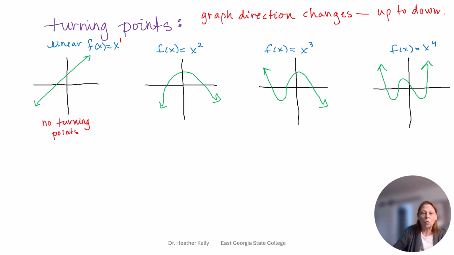So here for the quadratic, there's one turning point, right here where it goes from going up to going down. Here it looks like we've got 2 turning points.